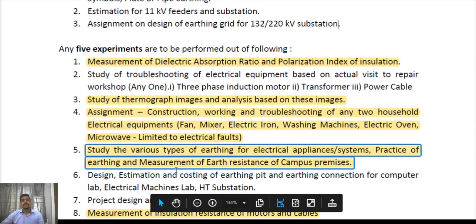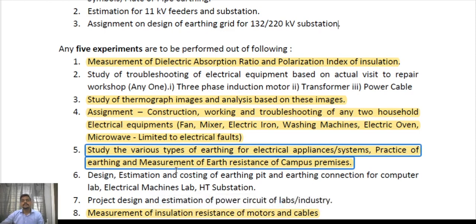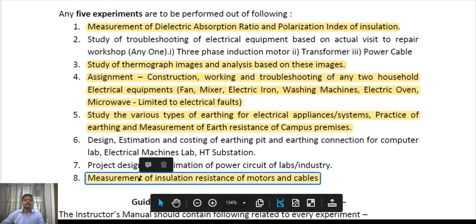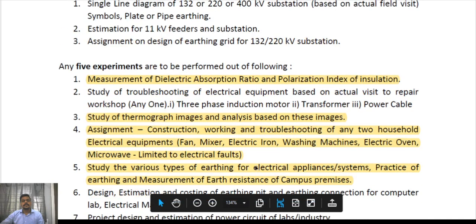We have a kit to measure the earth resistance. And the last, fifth, is measurement of insulation resistance of motors and cables. So these 5 plus 3 make 8 practicals, and for these 8 practicals we have the term work.